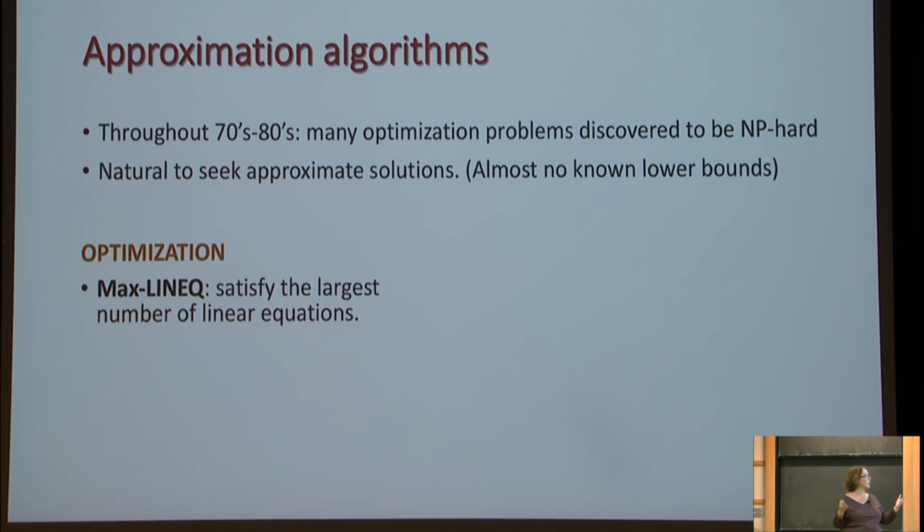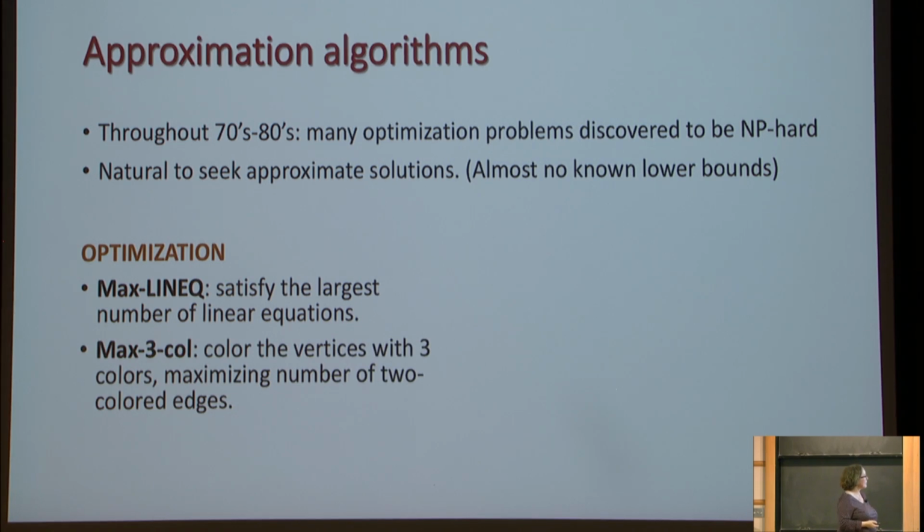What's the maximal number of equations that can be satisfied simultaneously? That's one problem. Another problem is 3-coloring. You're given a graph. Maybe there is no 3-coloring, maybe there is. Anyway, you want to find the 3-coloring such that as few as possible edges are improperly colored.